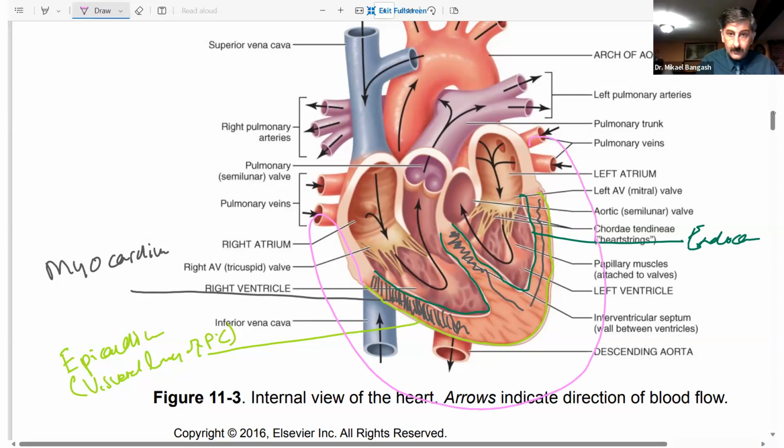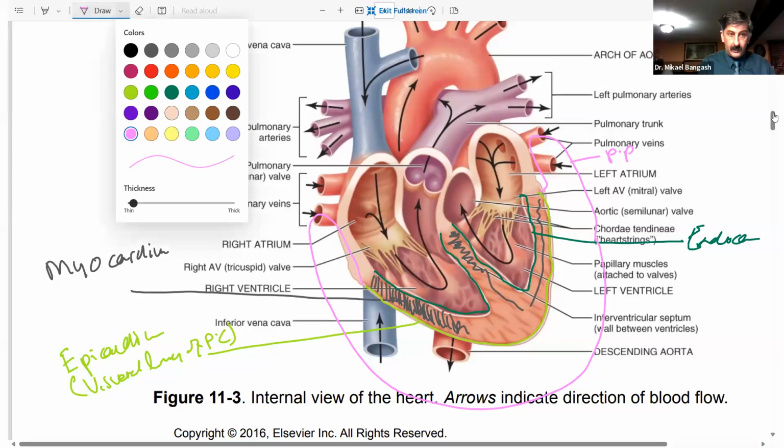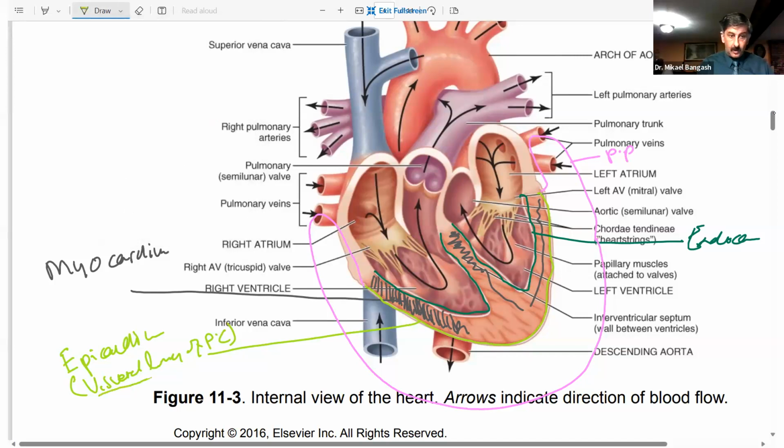Then what about the parietal pericardium? It would be a sac like this, because this would be the parietal layer of the pericardium. The inner layer is this light green layer here, which we call the visceral pericardium.